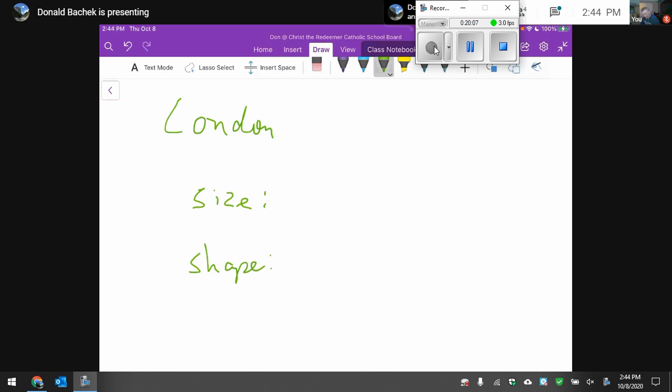So for size, you want to put more electrons is greater London force, and for shape, linear is the best, or better. So we definitely want to have those two parts as part of that.